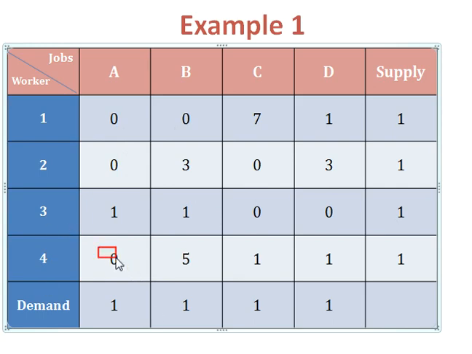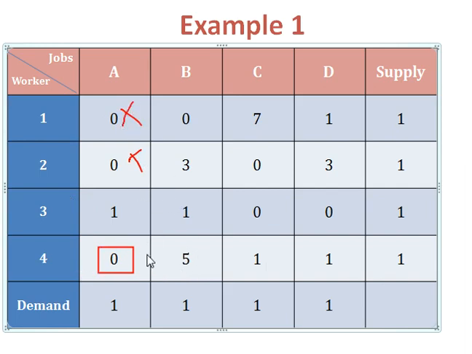When we do allocation over here, we'll mark a cross on the remaining zero in this row as well as in this row. Okay, so further allocation cannot be made over here or over here.